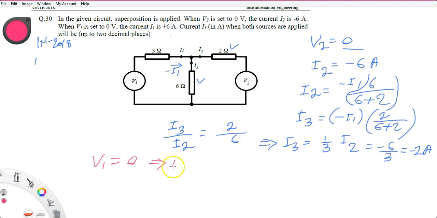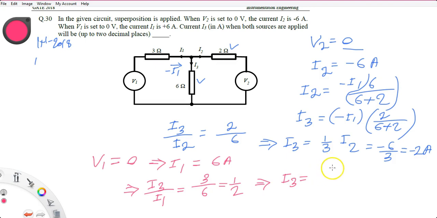Next case, when V1 equal to 0. In that case, your I1 is equal to 6 ampere. Using the same ratio, in this case I3 upon I1 is equal to just opposite the resistance they are facing, that is 3 upon 6, that is half, which will give you I3 is equal to I1 upon 2, and I1 is 6 upon 2, that is 3 ampere.